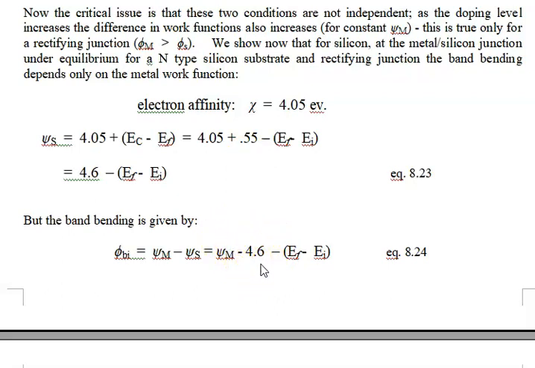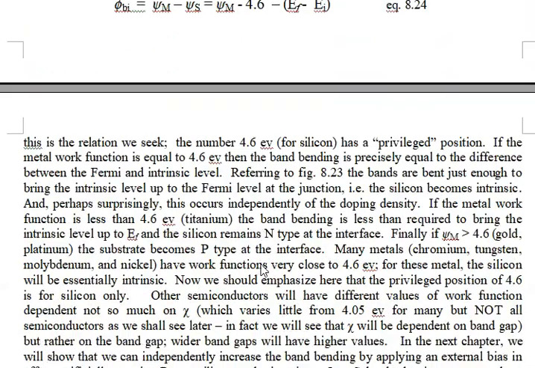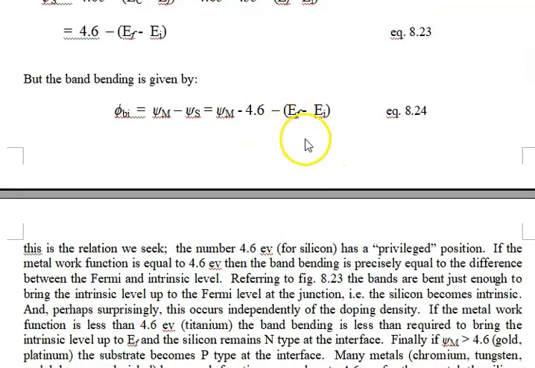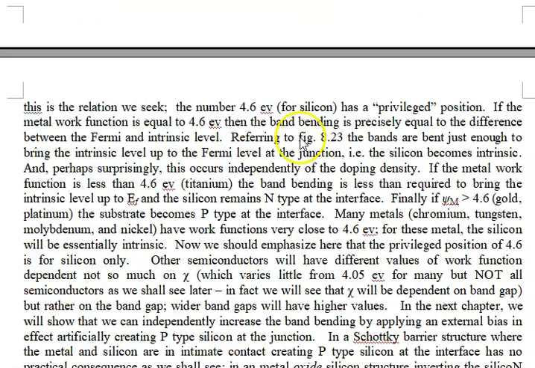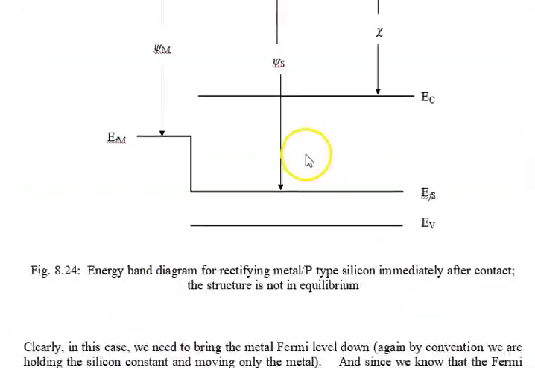So I'll let you read about that because it is not really critical for what we're going to do in the future. Next time, what we will do is to review this all again, maybe make some comments about this equation 8.24 because it's just an interesting equation, and then we'll go on to p-type. So we're not going to start p-type today.